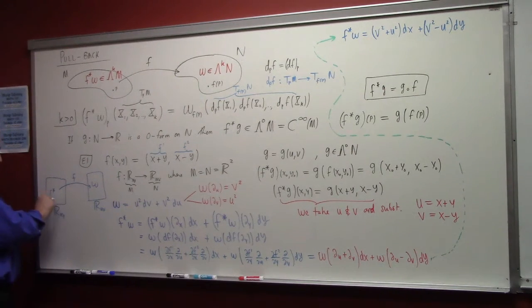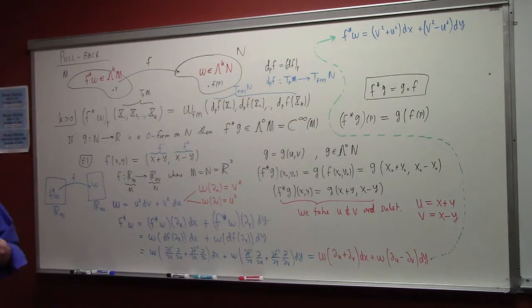So here's my pullback omega, right? I would like to write the answer completely in terms of XY at the end of the day.